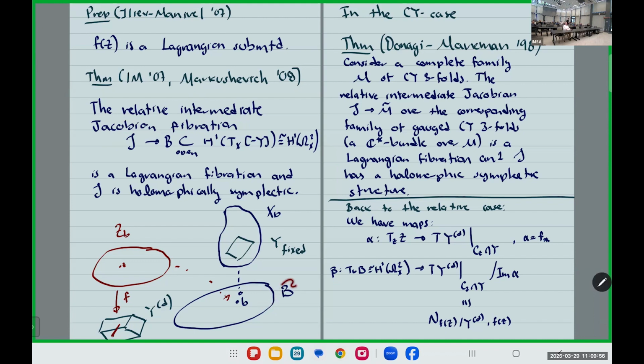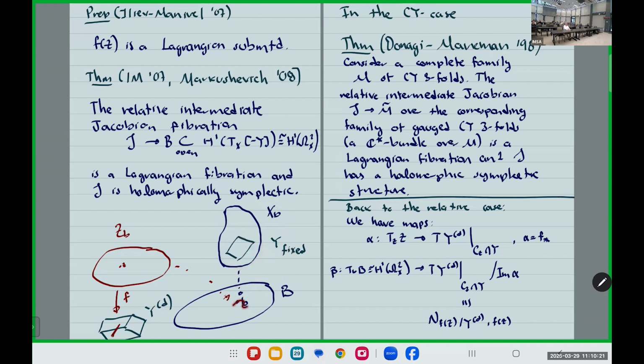So you have the universal family of deformations of the pair of the Fano threefold and Y. Well, Y is fixed. So now for every point, you have the Fano and you have Y that is fixed.